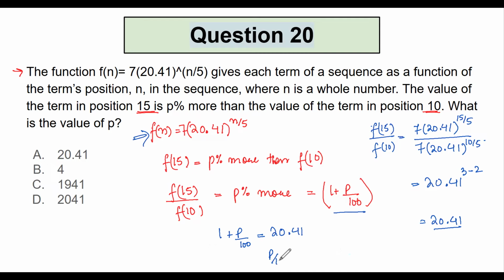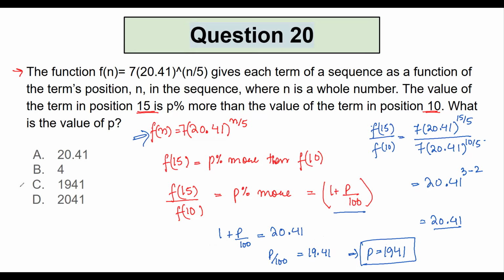So p over 100 will be equal to, you will do minus 1 on both sides. So 19.41, and that will give you p is equal to, then times 100. It is 1941. This is your answer.